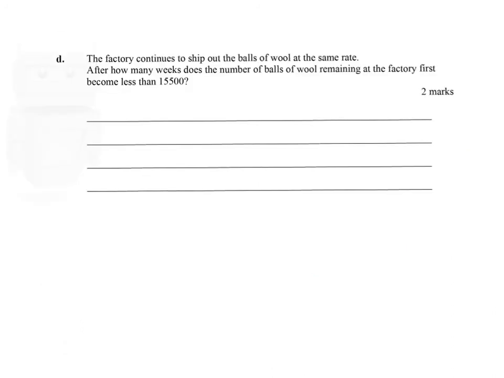Okay, the factory continues to ship out the balls of wool at the same rate. After how many weeks do the balls of wool remaining at the factory first become less than 15,000? So you have an nth term formula. If you look in the question before, we've got Bn equals 48,000 minus 3,500 times n.